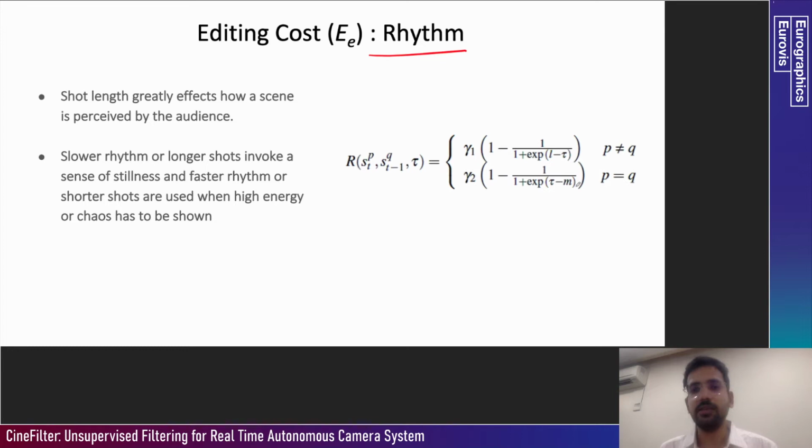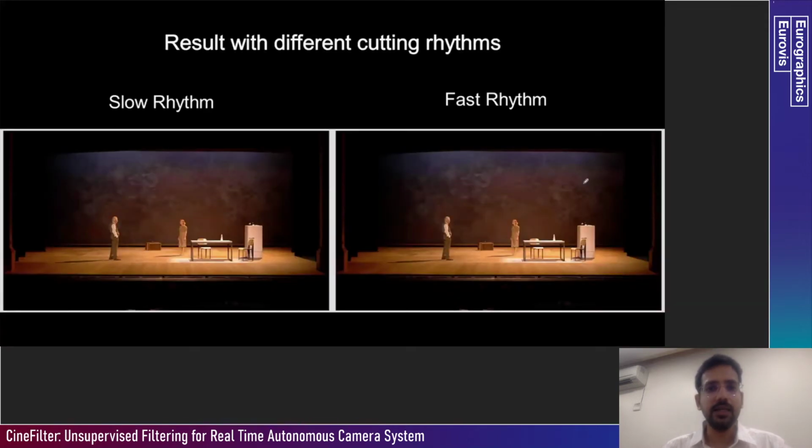Instead of a single number, we add a range: the minimum cut duration, so you don't cut before 2 seconds or 1.5 seconds, and you ideally should cut after m seconds. L is the minimum shot duration, m is the ideally desired maximum shot duration, and it automatically decides around these numbers the best point to cut. Then you can have different rhythms. These are two examples of the edited algorithm with different rhythms.